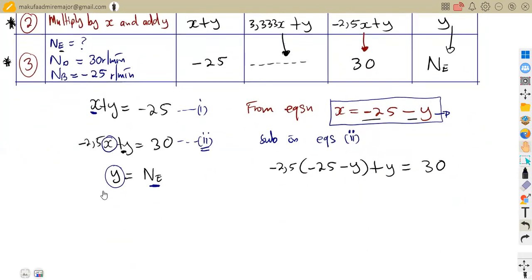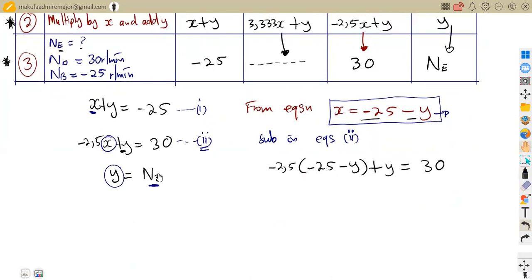By solving for y, we are determining the speed on E because the speed of E is y there. It's not a positive, but we shall see the answer there. So expand the brackets. This one and this one multiplied is going to be 62,5. Negative 2,5 times negative y is going to be a positive 2,5 y in this case.